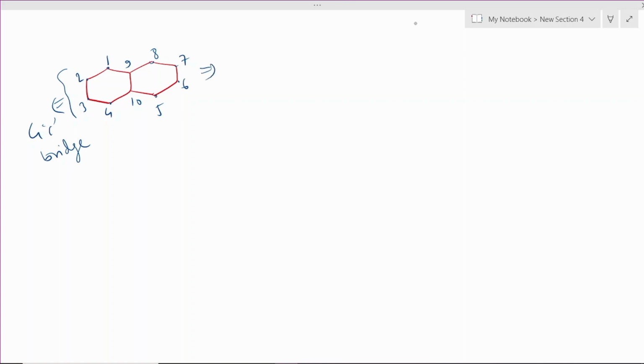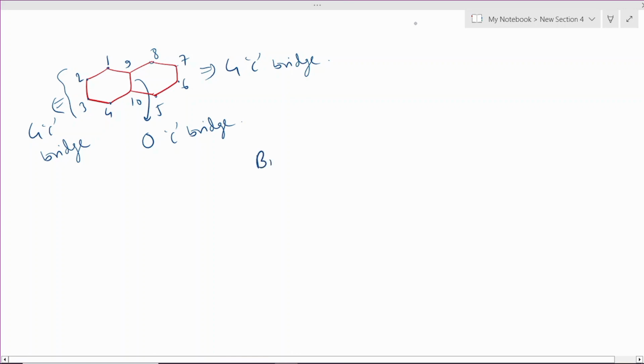Another example: if we do numbering, it will be 1, 2, 3, 4, 5, 6, 7, 8, 9, and 10. So we can see that 1, 2, 3, 4. So here 4 carbon bridge is there. Here also 1, 2, 3, 4, 4 carbon bridge is there. And here it is 0 carbon bridge. So the name will be bicyclo[4.4.0] decane.